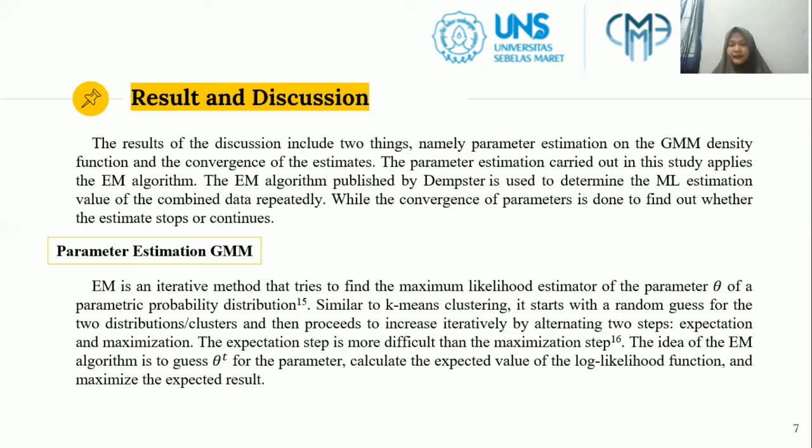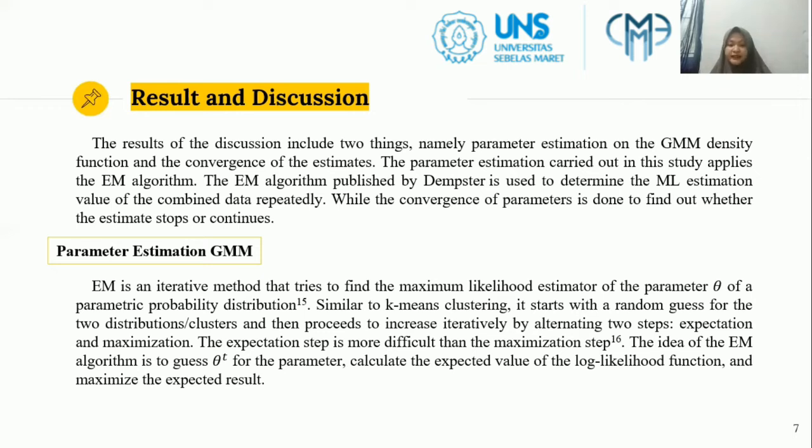The parameter estimation of GMM. EM is an iterative method that tries to find the maximum likelihood estimator of the parameter theta of a parametric probability distribution. Similar to k-means clustering, it starts with a random case for the two distributions or clusters and then proceeds to improve iteratively by alternating two steps, expectation and maximization.